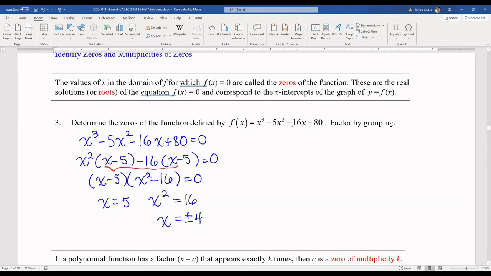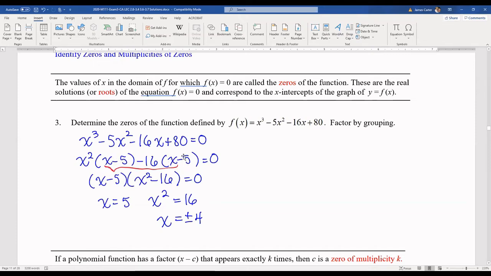In this case, this will factor by grouping. Okay, here's the equation. I group the x cubed and the negative 5x squared, and I factor x squared out of both of these two. Then this business, 16 goes into 80 exactly 5 times. So I factored a negative 16 out of both of these, and I get negative 16 times x minus 5.